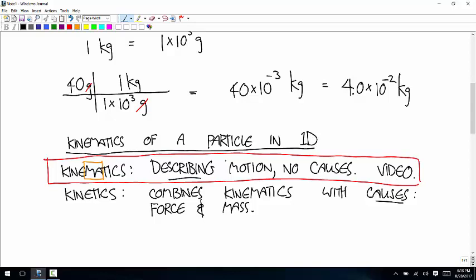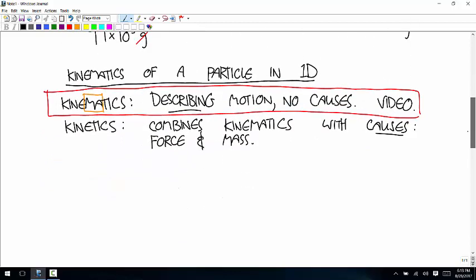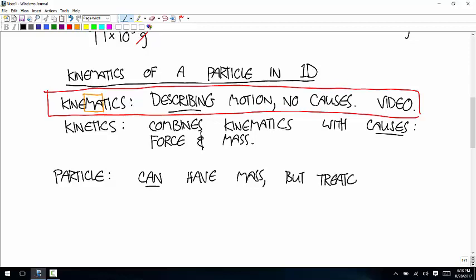And the next thing we have to describe is what's a particle. A particle is something that has no length dimensions. It can have mass, but it's treated as having no length dimensions. So we treat it like it has the size of a point.